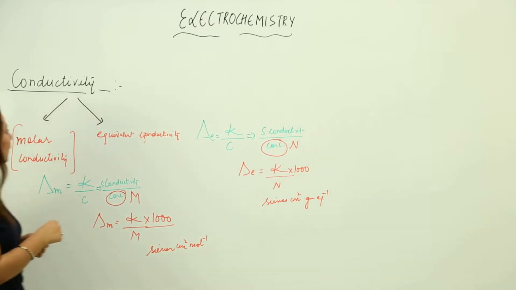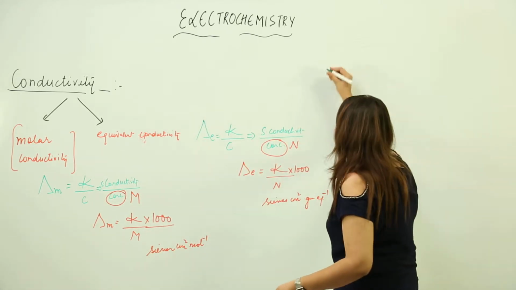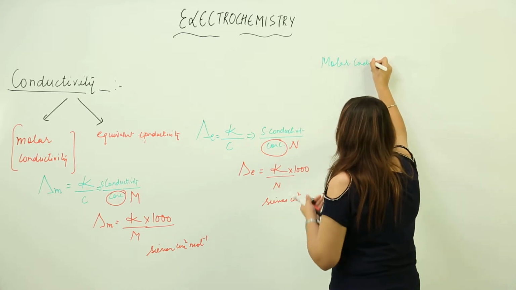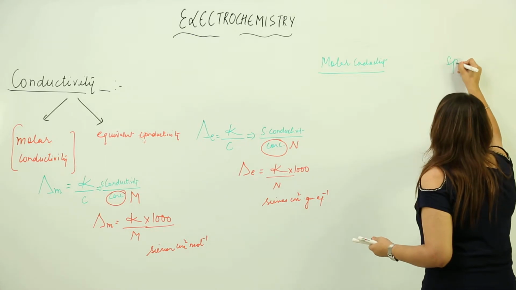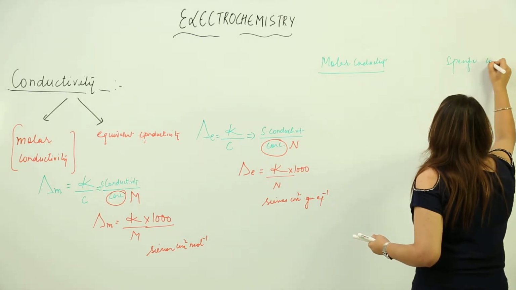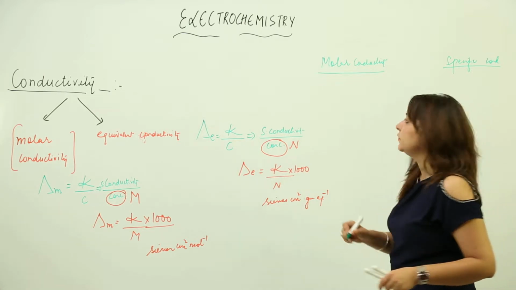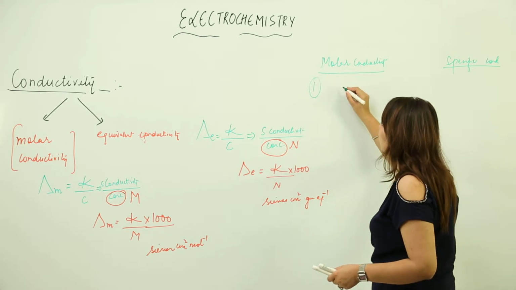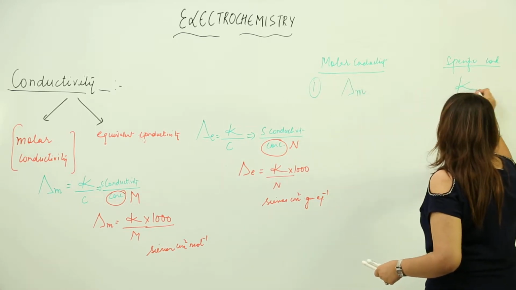Now suppose we take molar conductivity and I take one more thing, that is kappa, the specific conductivity. Now we will see what difference exists between the molar conductivity and the specific conductivity. The first difference is that molar conductivity is denoted by lambda m and specific conductivity is denoted by kappa.